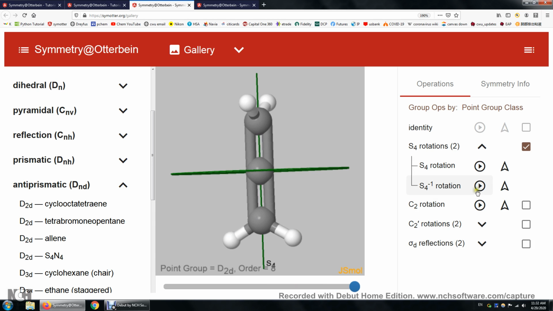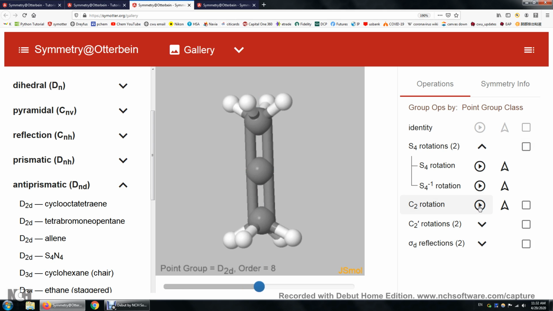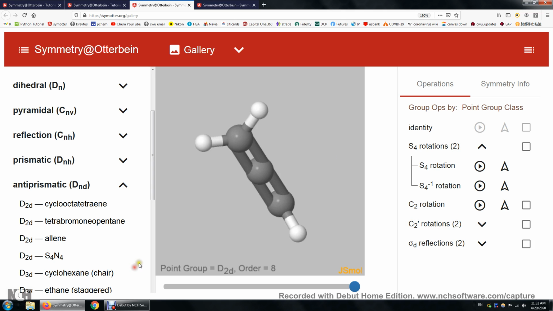Of course, there are C2 rotations. That's it, 180 degrees. And then there are two C2 prime rotations. These two are perpendicular to C2. Okay, the two C2 prime axes are perpendicular to the C2. So one here, the other one here.